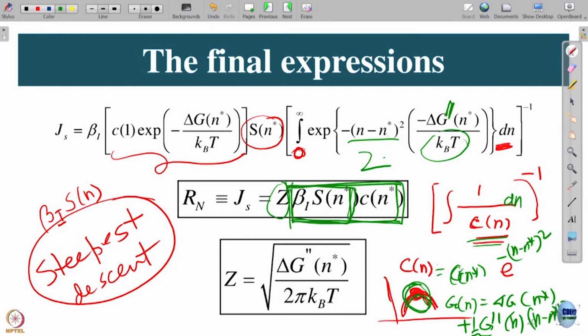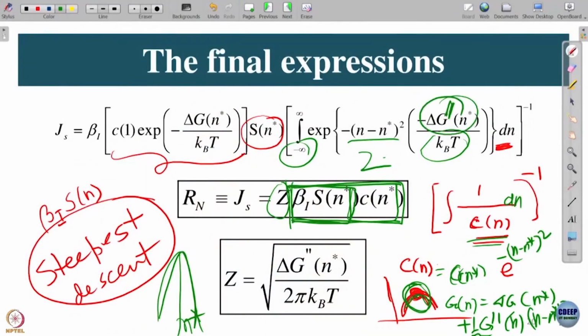So minus infinity to plus infinity, I can also make it 0 to infinity, I do not care, because this integration is so sharply peaked, the function around n star, that I can always extend it to minus infinity without any loss. Then this integration is just root over 2 pi by a, the Gaussian integral, and that gives now the delta G second derivative, 2 pi kBT.